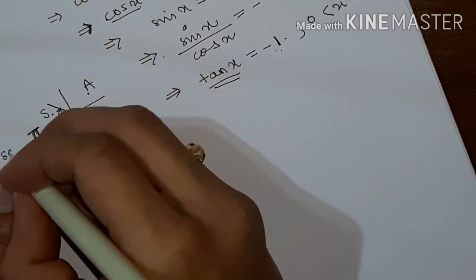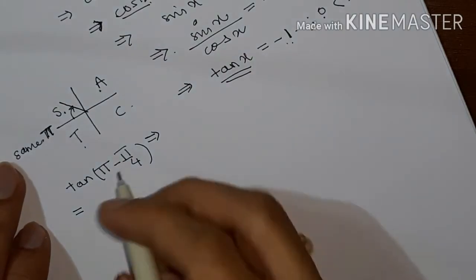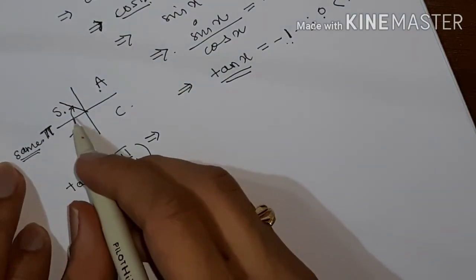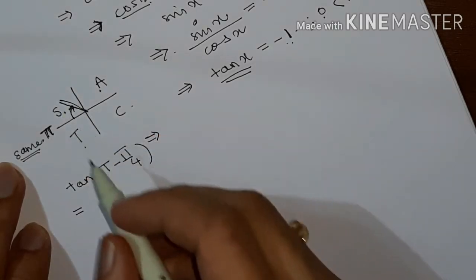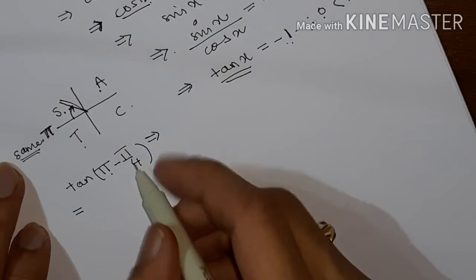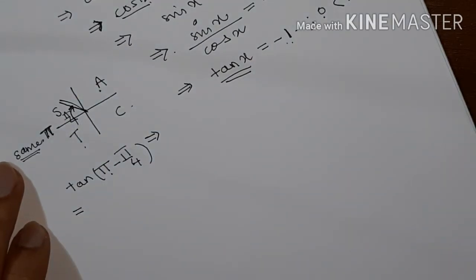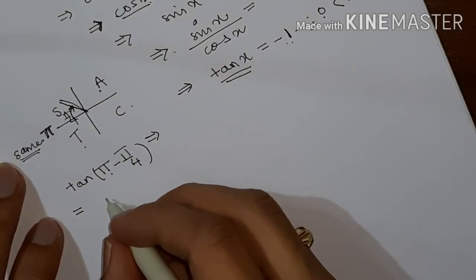Now here you know that the ratio remains the same, okay. That is important. So we are going from pi to this angle, so that is pi minus pi by 4 you are going. This is pi by 4, right? So pi minus pi by 4 you are going. Tan of pi minus pi by 4.